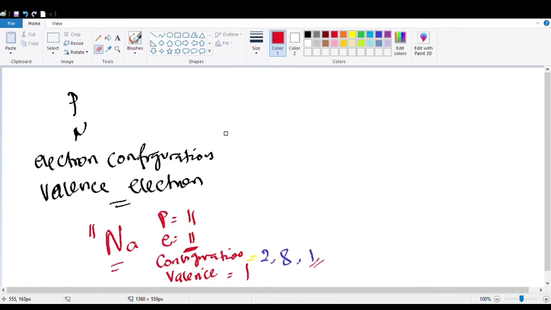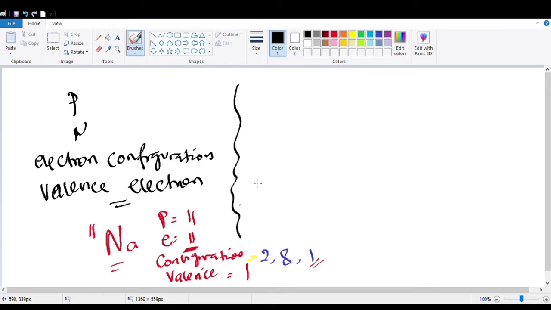That's why the last group or family of the periodic table is called the noble gases, and they are the most stable elements on the periodic table, so they don't need to bond with other elements. Let us talk about other elements. Here I take one element, sodium.